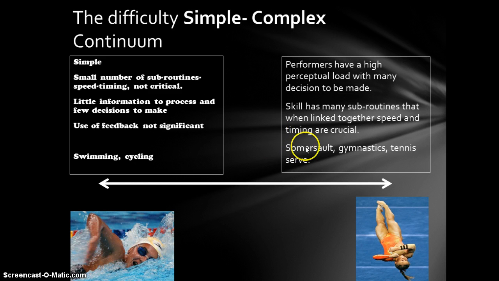So a somersault, gymnastics, or even a tennis serve is more complex than you would say swimming. If you think how relatively simple it is to swim comparatively to do a gymnastics floor routine. So simple and complex: the amount of subroutines and how hard it is to perform the potential skill.